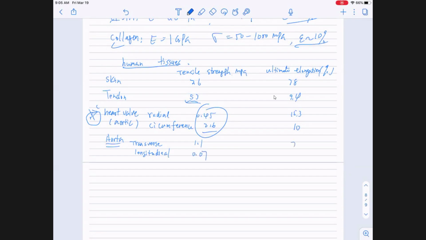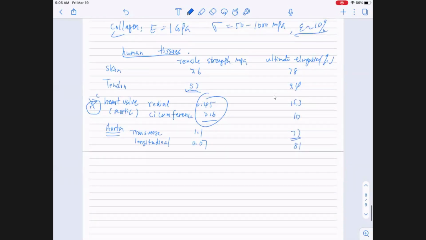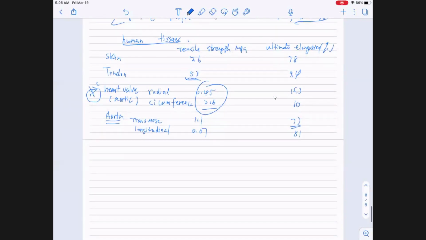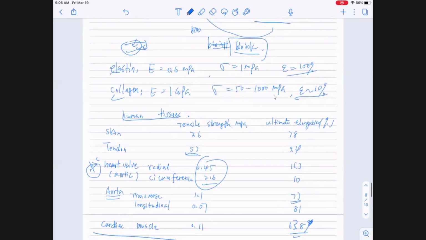Interesting. 77. Their elongation is pretty good, 81%. And cardiac muscle: 0.011, and 6.38. So pretty soft. You will see the elastic behavior. This one too, you can control that elastic modulus.